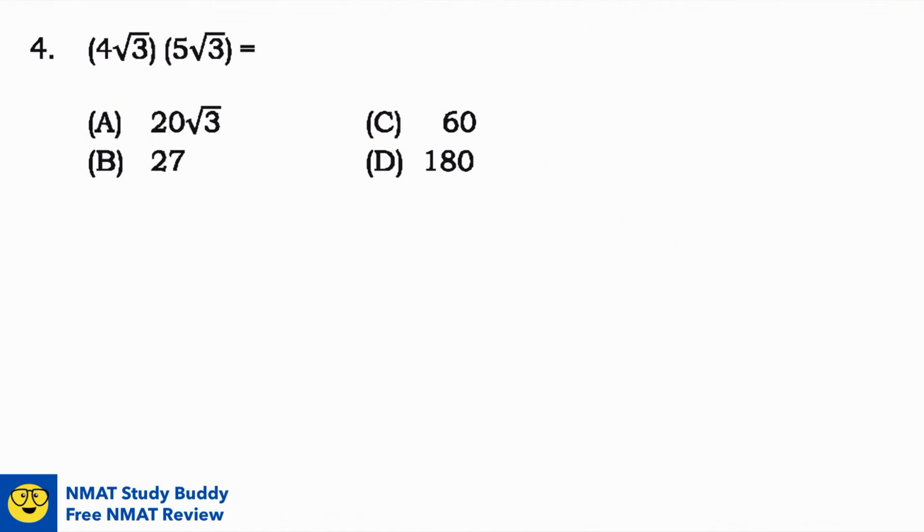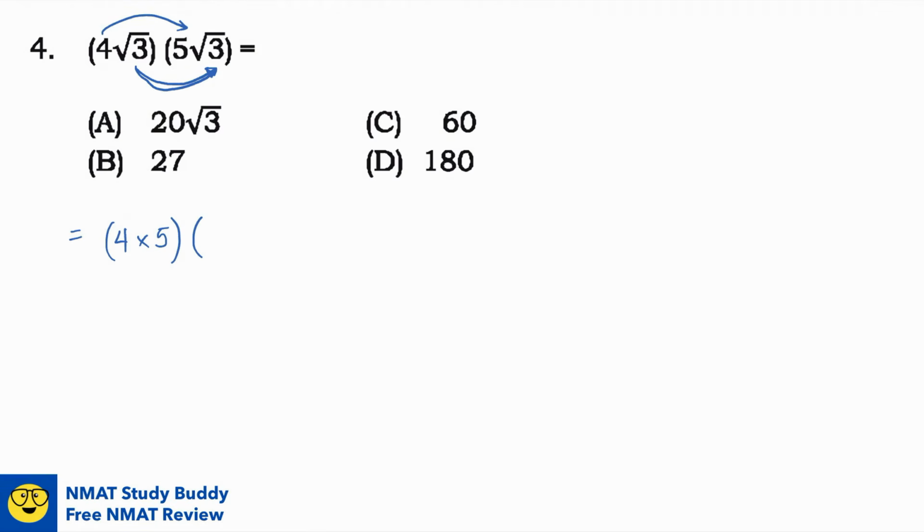Number 4 naman, para madali nating masagutan to, pwede natin siyang i-distribute. So, itong 4, imumultiply mo sa 5. And then, makukuha mo yung square ng square root of 3. So, try natin. Equal to sa 4 times 5 times ito i-multiply mo sa square root of 3.